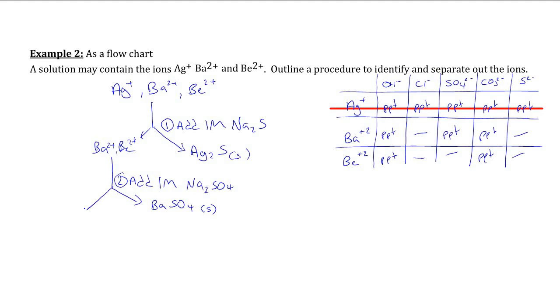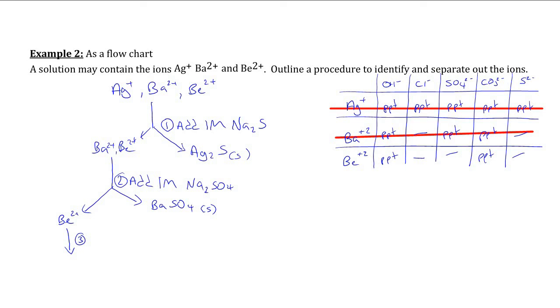Filtering that off leaves us with just our beryllium left in our solution. So then our final separation, number 3, we could choose either hydroxide or carbonate. That's what's left over now, and that's what will help us get rid of the beryllium. As the beryllium's gone, we can use either hydroxide or carbonate.